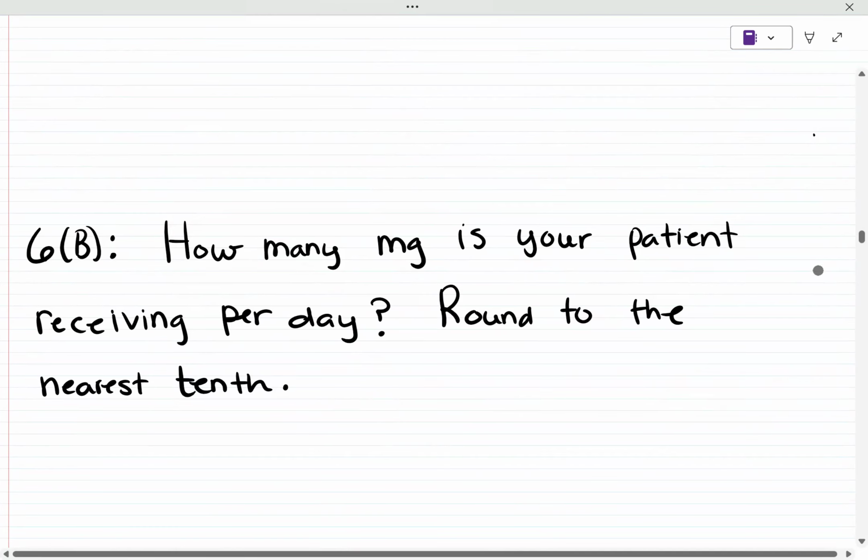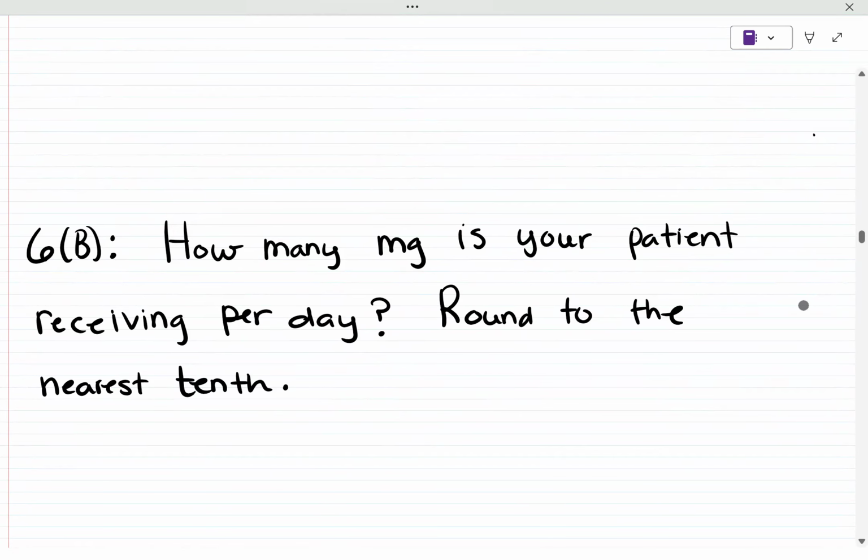6B. How many milligrams is your patient receiving per day, rounded to the nearest tenth? We know 25 milligrams are administered per dose, and our frequency was Q6H, which means 4 times a day.